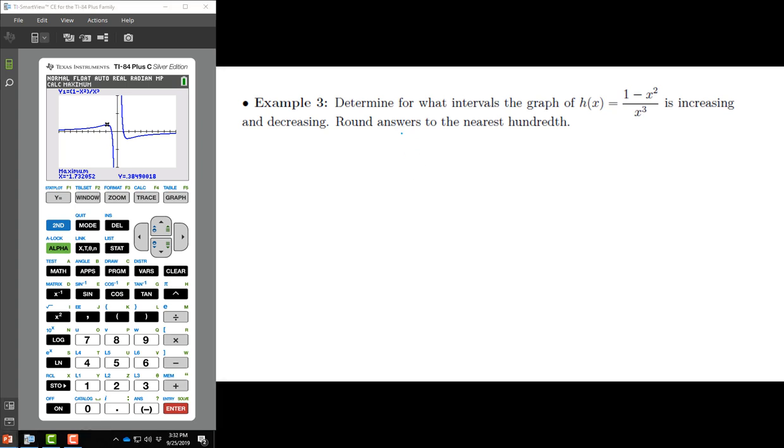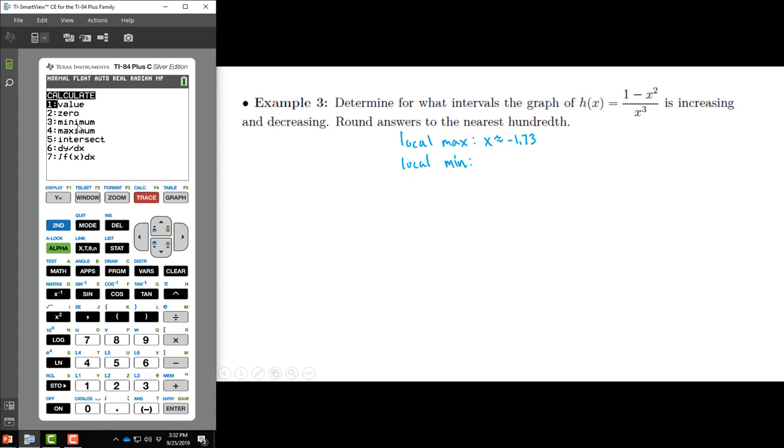So we have a local max at x is about -1.73. So let's look for that local min. All right, so get to the left of that local minimum, get to the right, and give it a guess.